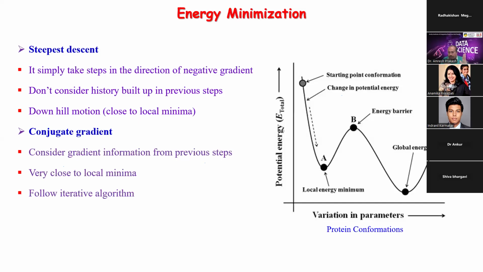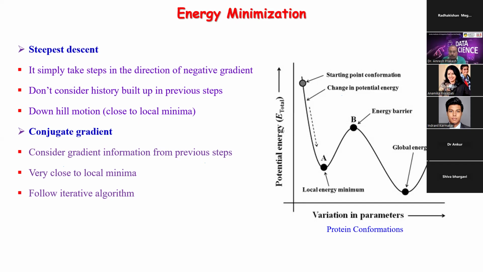In the excited state the electron is in an outer orbit, and when it comes down it releases energy. When the molecule is stabilized, we are taking it from a higher energy level to a lower energy level. When the molecule travels from one state to another, in between these two states there is a transition barrier, or energy barrier.